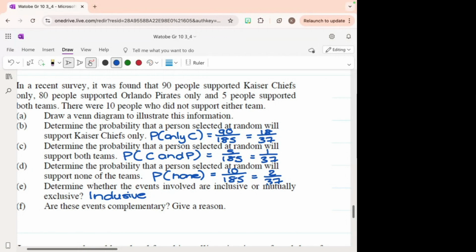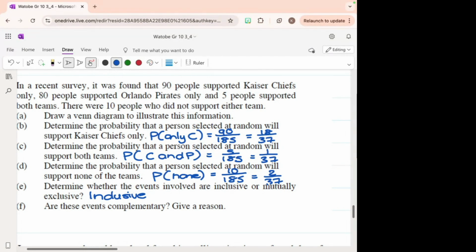Complementary events are when two events, when you add them together, if one event's occurrence means that the other one cannot occur. In other words, their probabilities add up to 1.